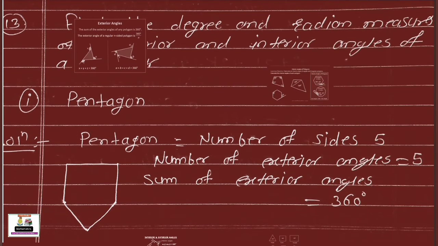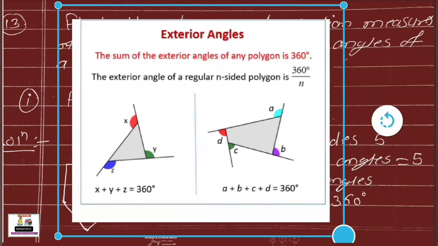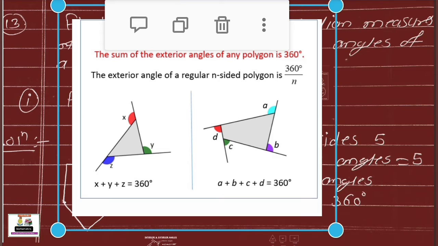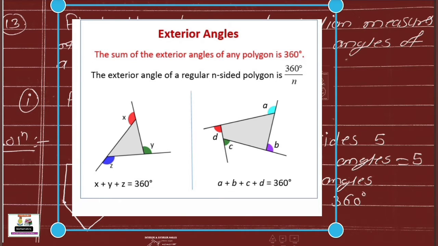Next, this image here. The exterior angle of a regular n-sided polygon is 360 upon n. That means the exterior angle is 360 upon n sides. If it is a hexagon, then we find 360 upon 6. A, B, C, D are denoted by exterior angles, and their sum is equal to 360.